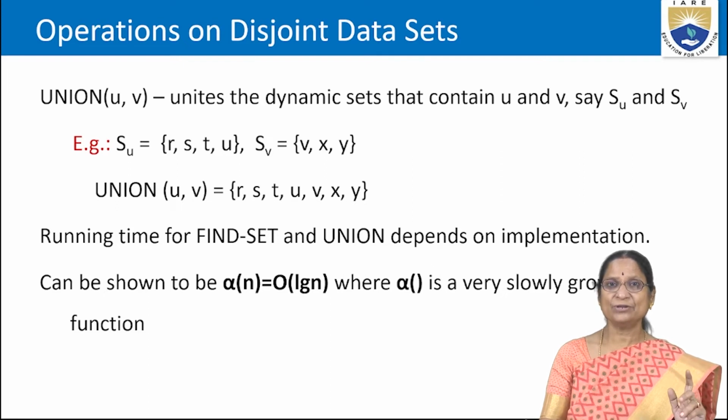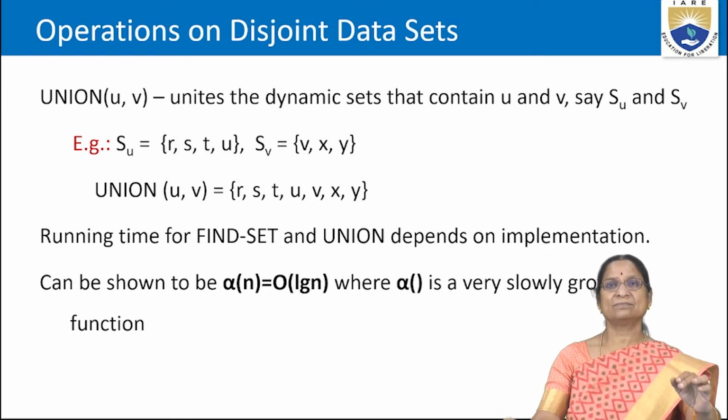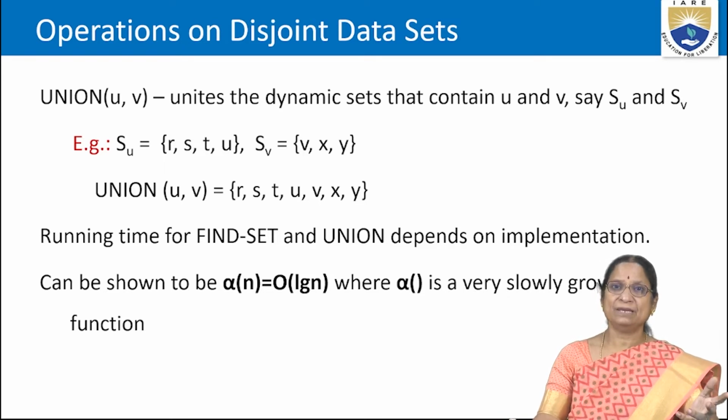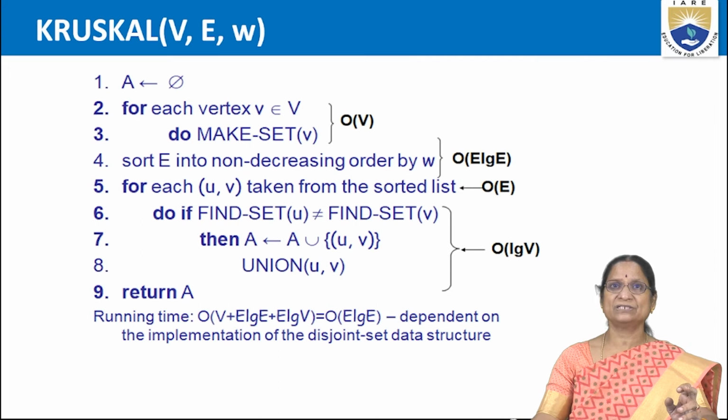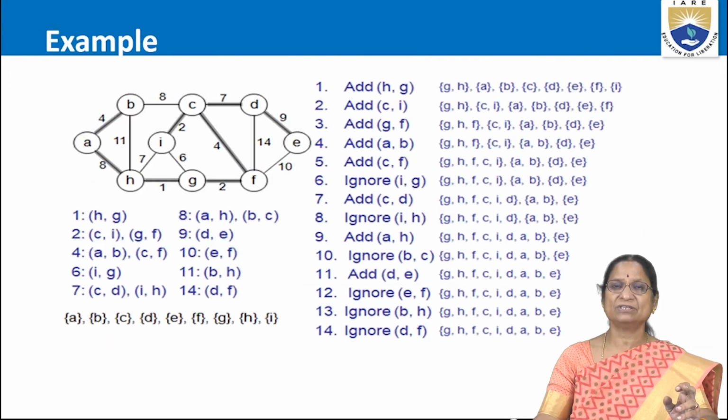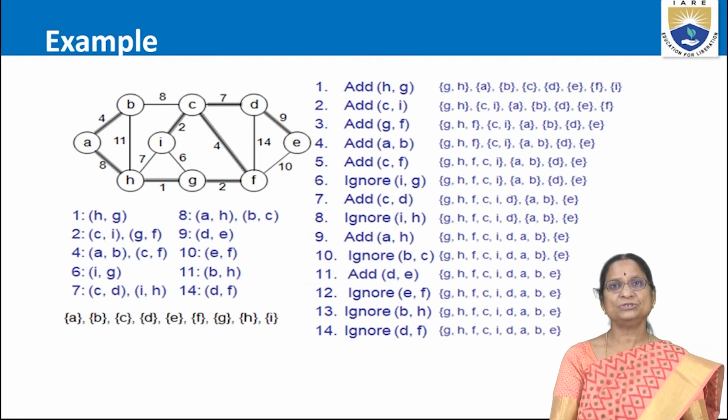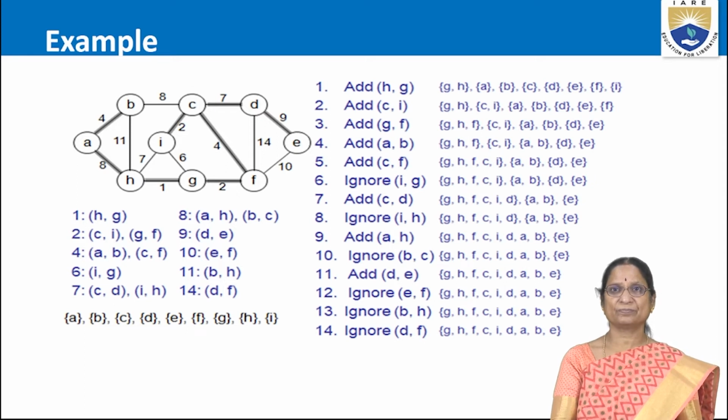That's why we have to implement these operations very efficiently, so that the complexity of Kruskal's algorithm can be minimized. Make set, find set, and union are the three operations associated with Kruskal's algorithm to check whether a cycle forms or not.